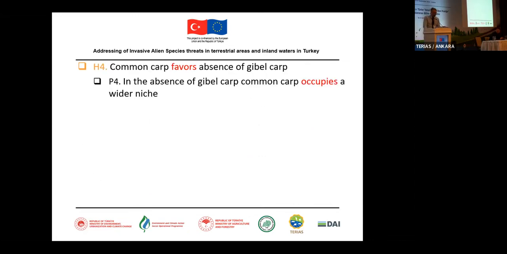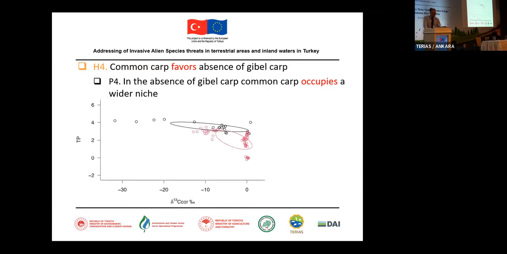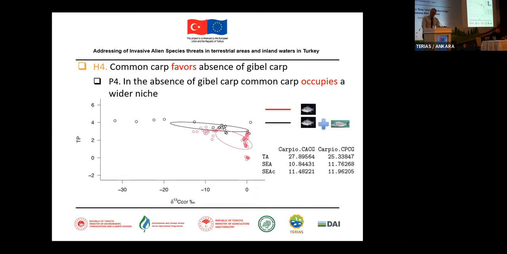And the last hypothesis is that common carp favors absence of gibel carp. Our prediction was that in the absence of gibel carp, common carp occupies a wider niche. As you see, this is not confirmed, because when you look at the total area of these niches, they are quite similar.